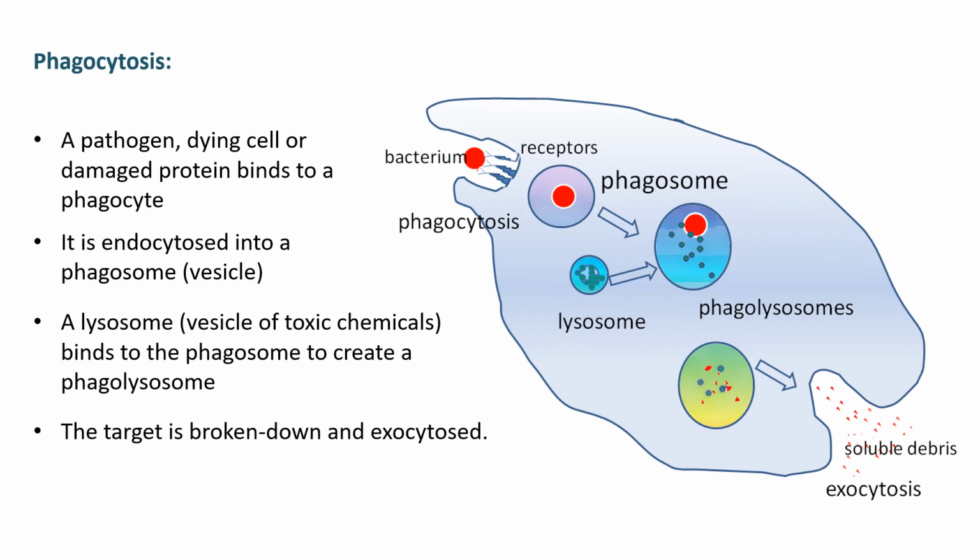That target is then exocytosed. So we've got a combination here of endocytosis and exocytosis. So the little debris left over once the target's broken down is exocytosed.